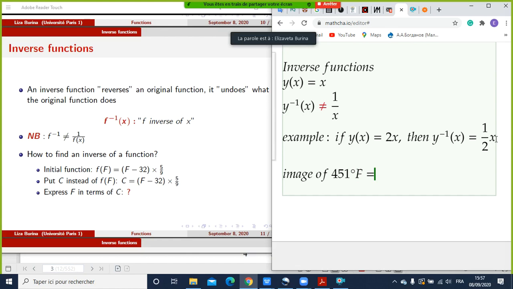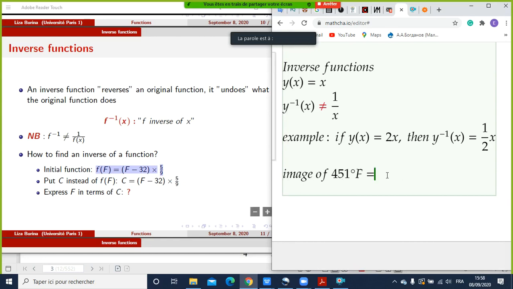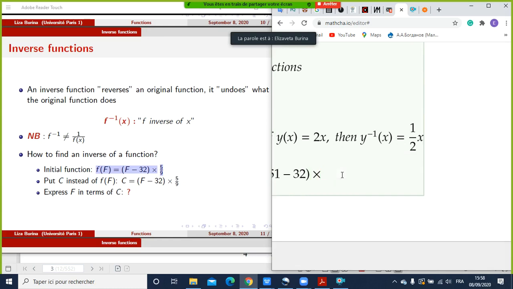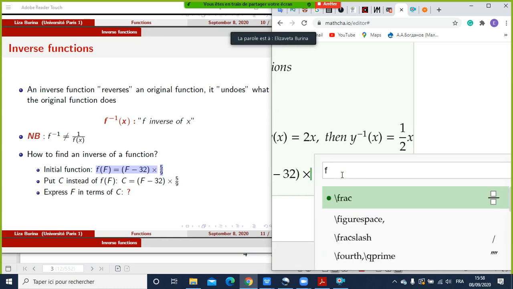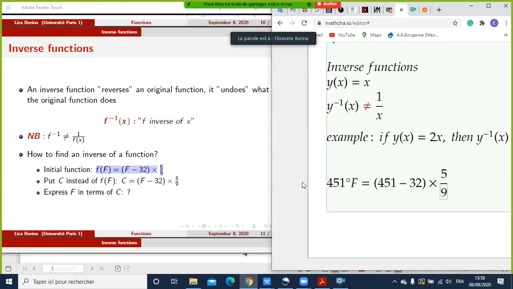If we just consider it as a function, we would say the image of 451 by the function is equal to what? So here, what I better say is straight: 451 Fahrenheit is equal to how many Celsius? So we do 451 minus 32 multiplied by 5/9.